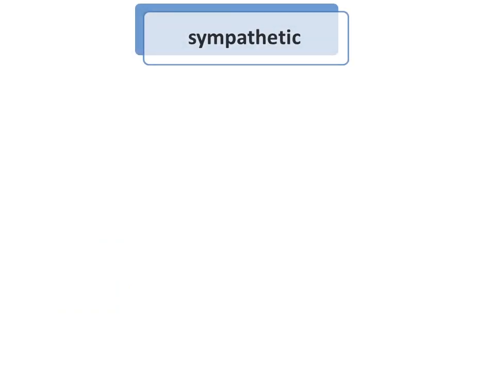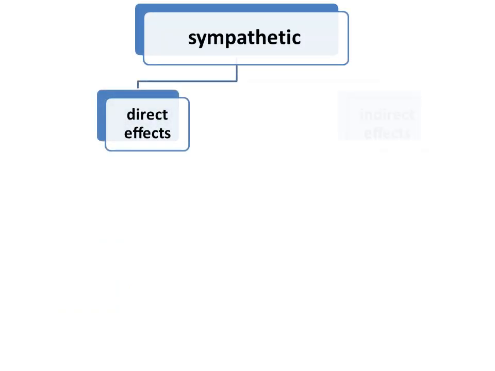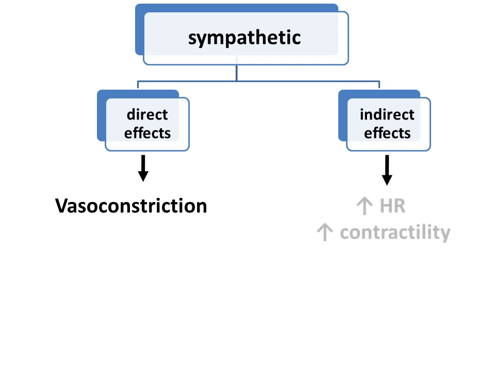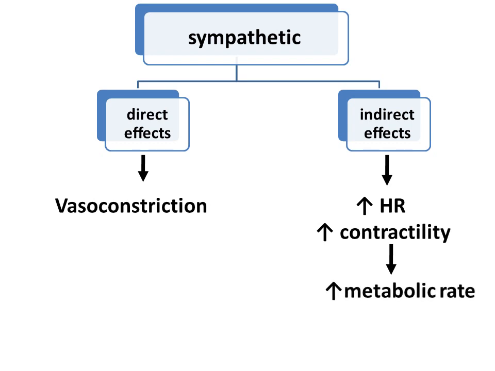The effects of the sympathetic nervous system include direct effects and indirect effects. The direct effect of the sympathetic nervous system on the coronary arteries is slight vasoconstriction. In fact, why is there vasoconstriction? When a sympathetic neurotransmitter reaches the vessel, it may cause vasoconstriction or vasodilation according to the type of receptors on that blood vessel.